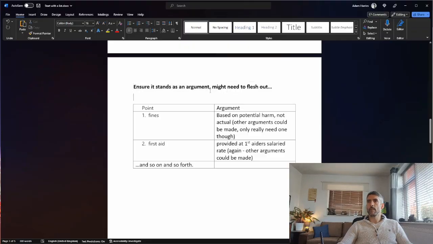So there's the list. Second step, ensure it stands as an argument. Each point that you make, just make sure that it is an argument, that you're not just saying fines, because again they turn around and say, well, so what? Well, the fine will be based on the potential harm, not the actual harm.